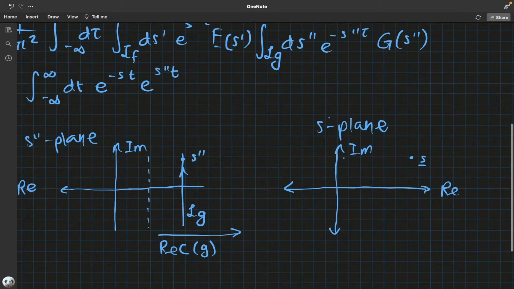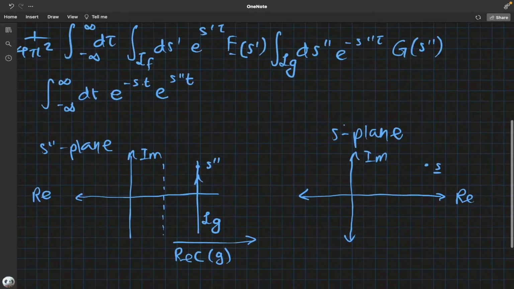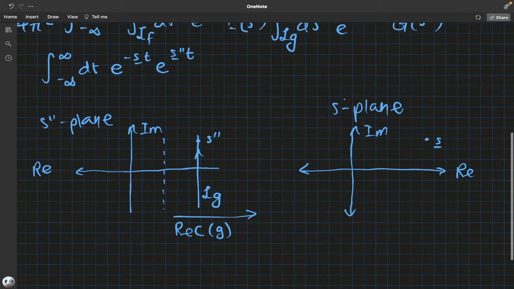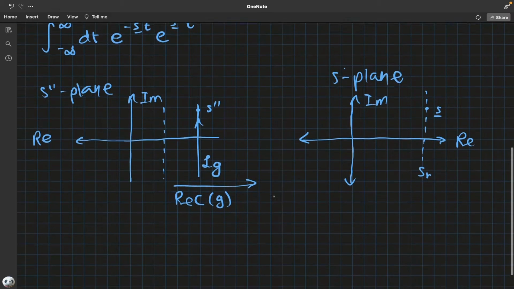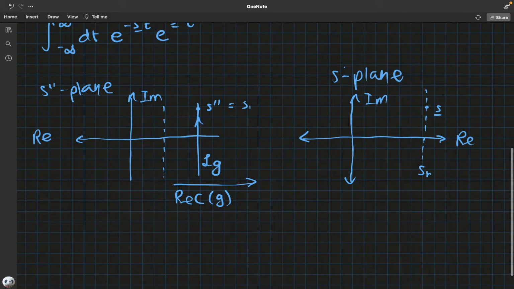So what I want to do here is these guys, S and S double prime, are complex. So what I want to do is I want to move this contour such that it coincides with the real part of this guy. So real part of this guy, say S sub R. This has a real part S sub R double prime, plus every point on this contour has an imaginary part as well. Well, it should. I hope it does. Same thing with here.